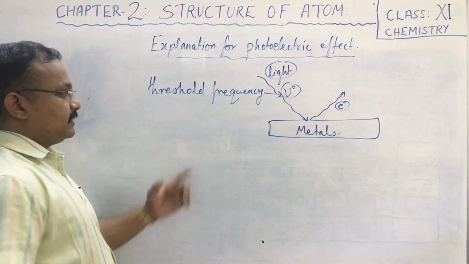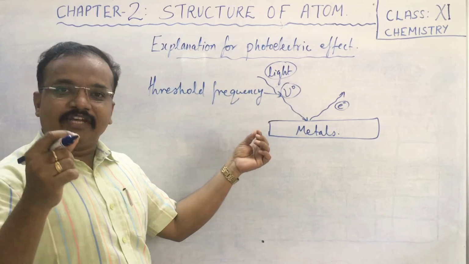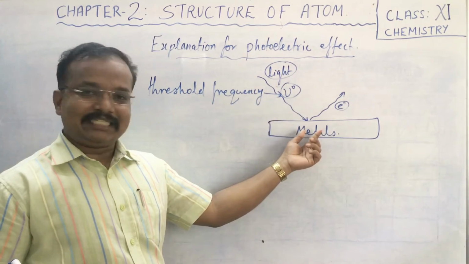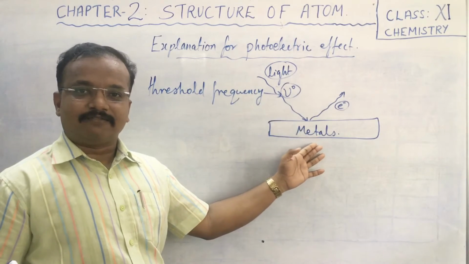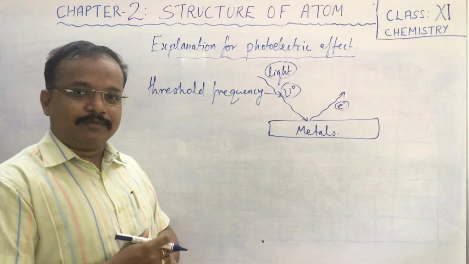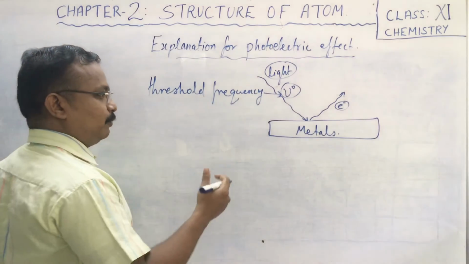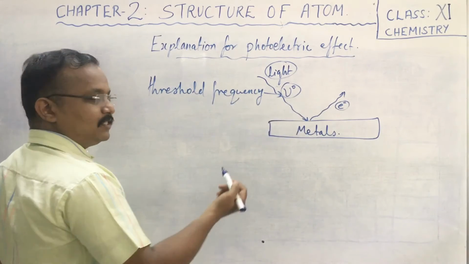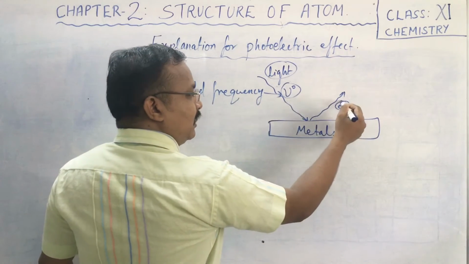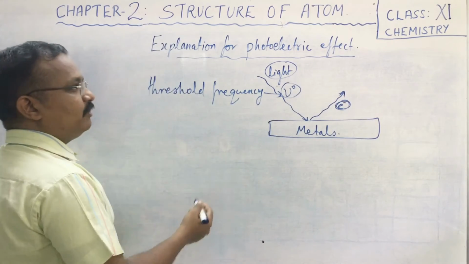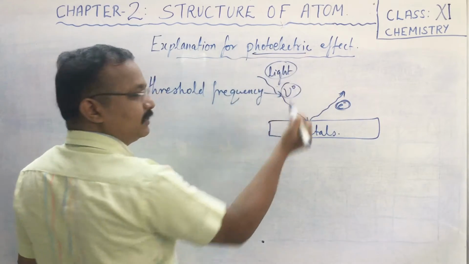Threshold frequency is the minimum frequency required for the electron to eject from the metal surface. This is not shown by all metals. Certain metals like cesium show this phenomenon where light of a certain frequency falls on their surfaces and they eject electrons. This phenomenon we call the photoelectric effect.